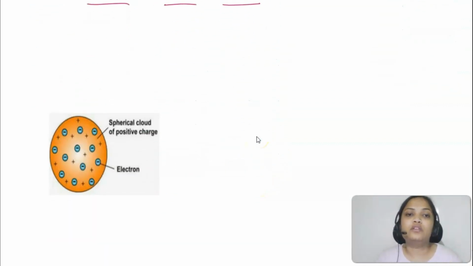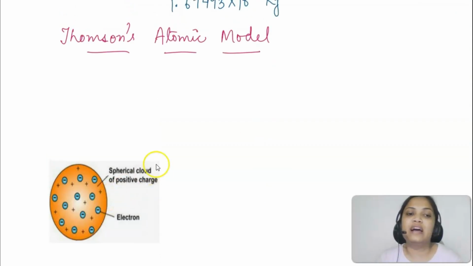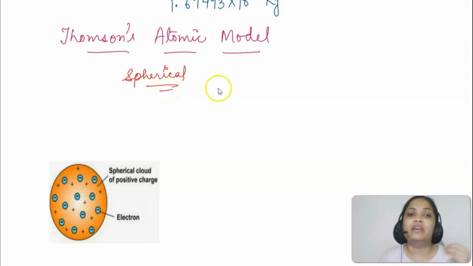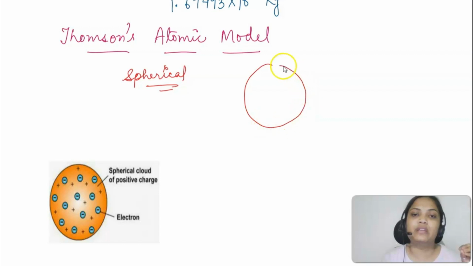So in Thomson's atomic model, students, Thomson said that the atom is spherical in shape, in which the positive charge is uniformly distributed. You can see in this figure, I can draw it also.